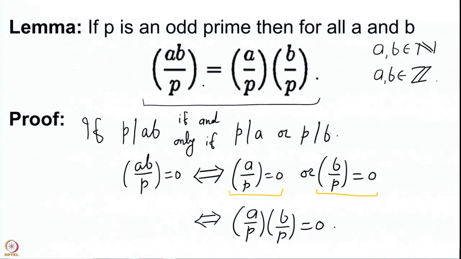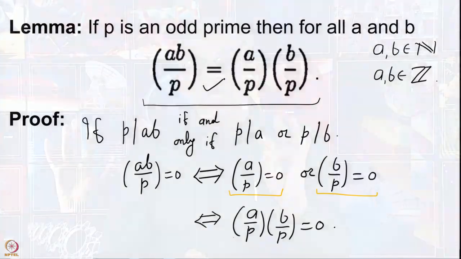So, we have the equality (ab/p) = (a/p)(b/p) whenever the value is 0. Now we will assume that none of these three values (ab/p), (a/p) and (b/p) is 0. So, a is in Up, b is in Up, and therefore ab is also in Up, and then we will compute these Legendre symbols and see whether we get the equality.